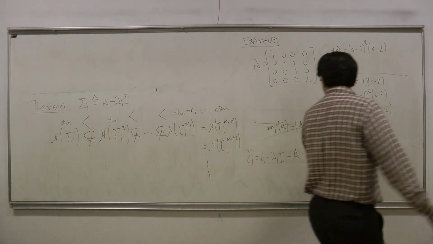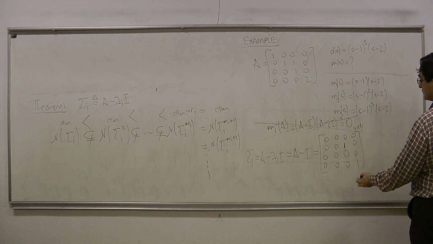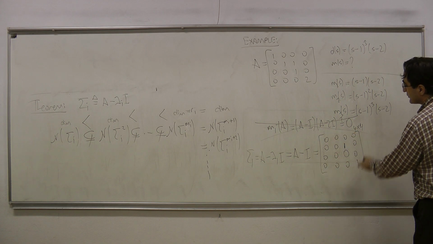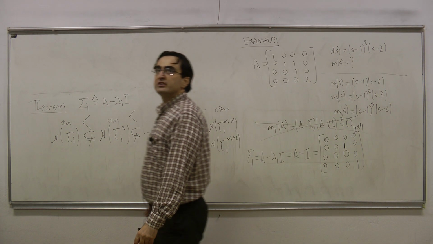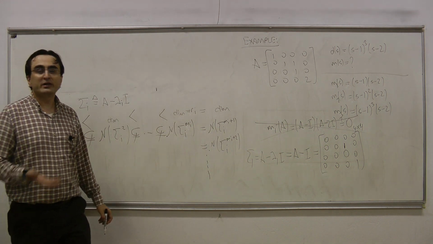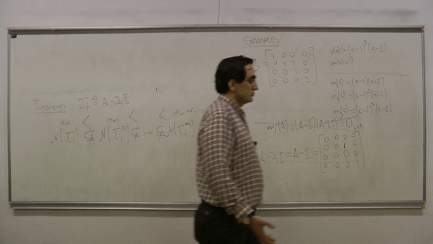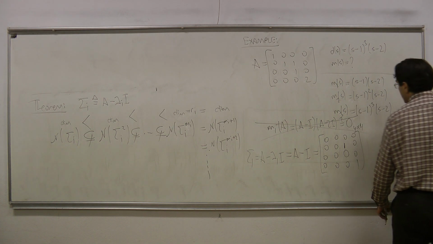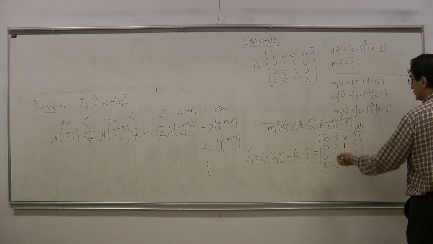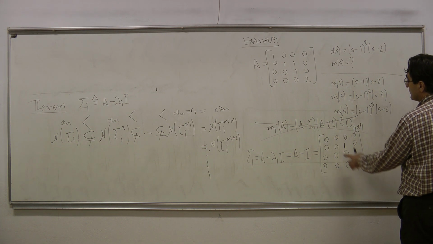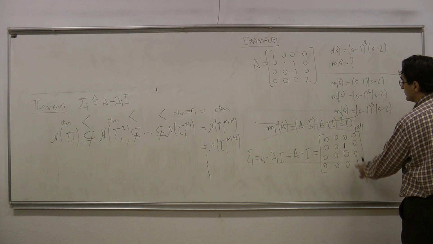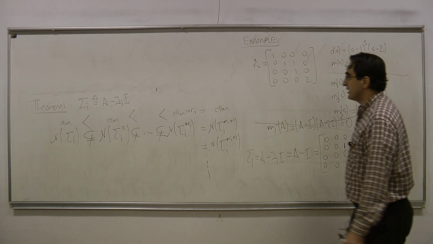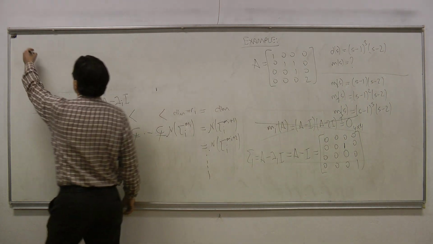What is the dimension of the null space of sigma 1? What is the rank of the matrix? If we can determine the rank, then by using the rank nullity theorem, we can determine the null space dimension, or the nullity of the matrix. Here I see that the rank is 2 because I have 2 linearly independent columns here. Therefore, what should be the dimension of the null space of sigma 1?